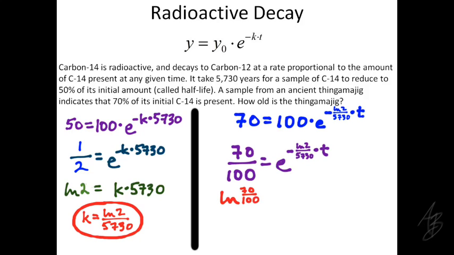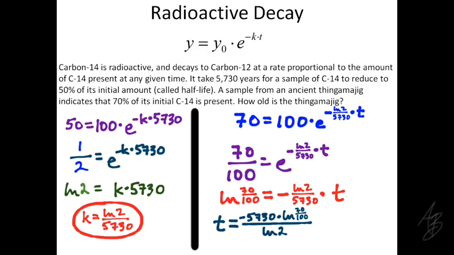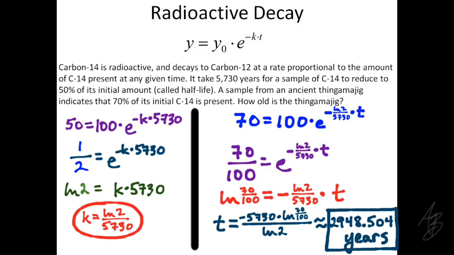We'll take the natural log of both sides. We'll divide by this number right here on both sides. And then we plug it into our calculator, and we get an answer of 2,948.504 years. So our thingamajig is almost 3,000 years old.